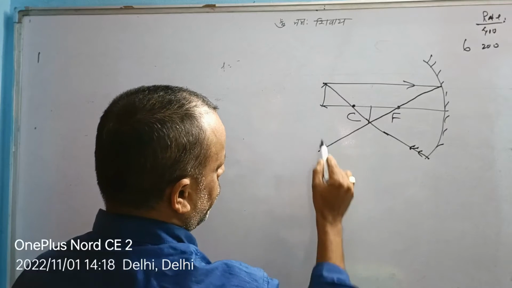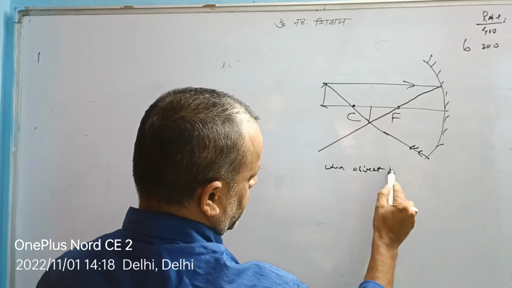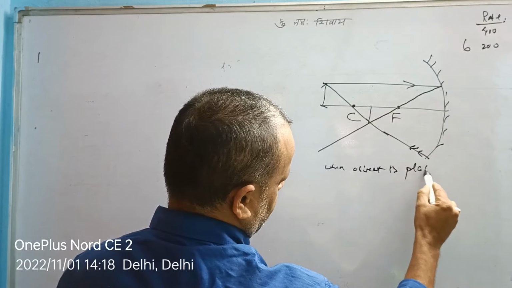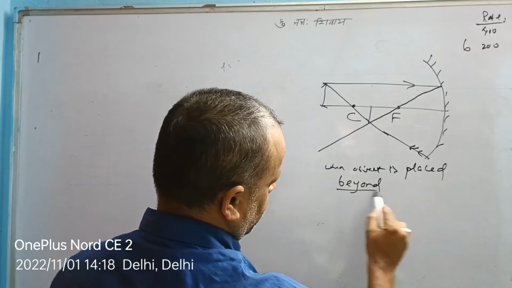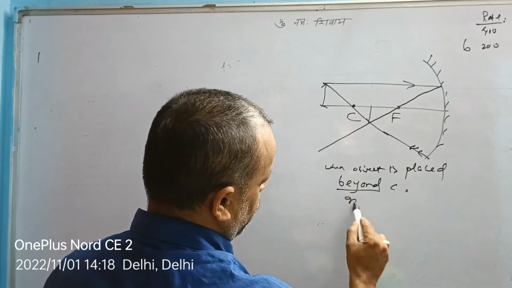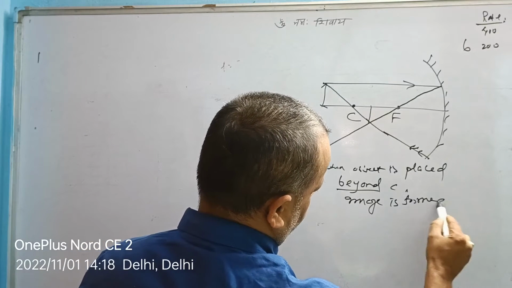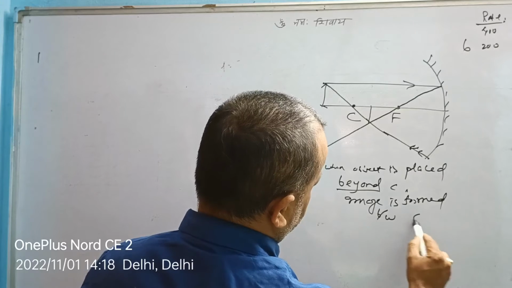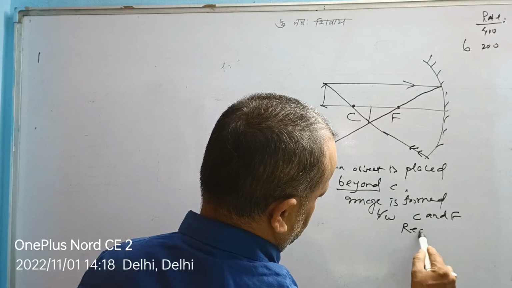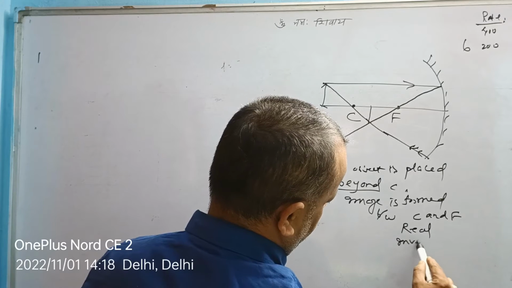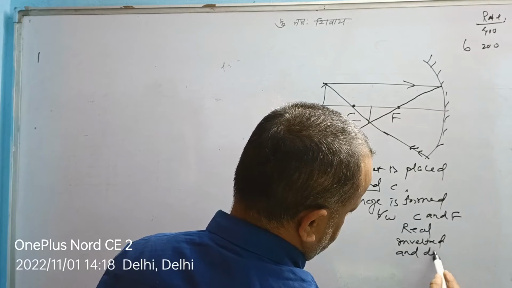So when the object is placed beyond C, the image is formed between C and F. It is real, inverted and diminished.